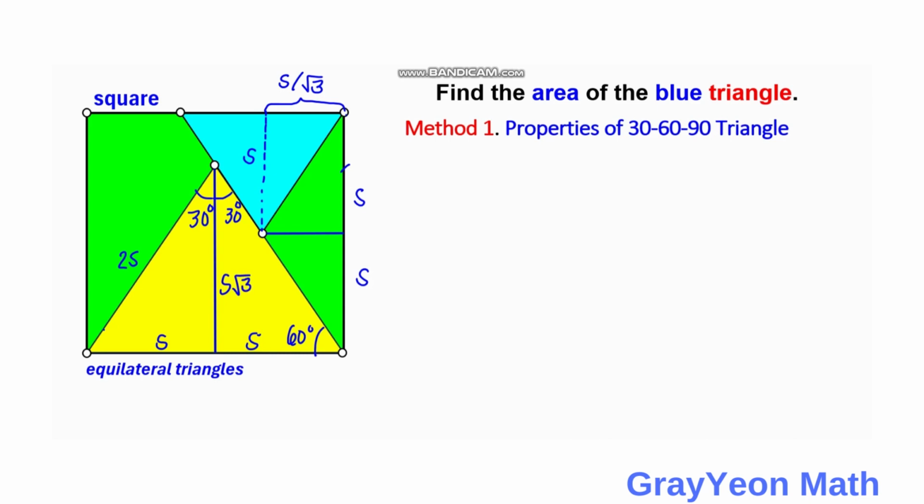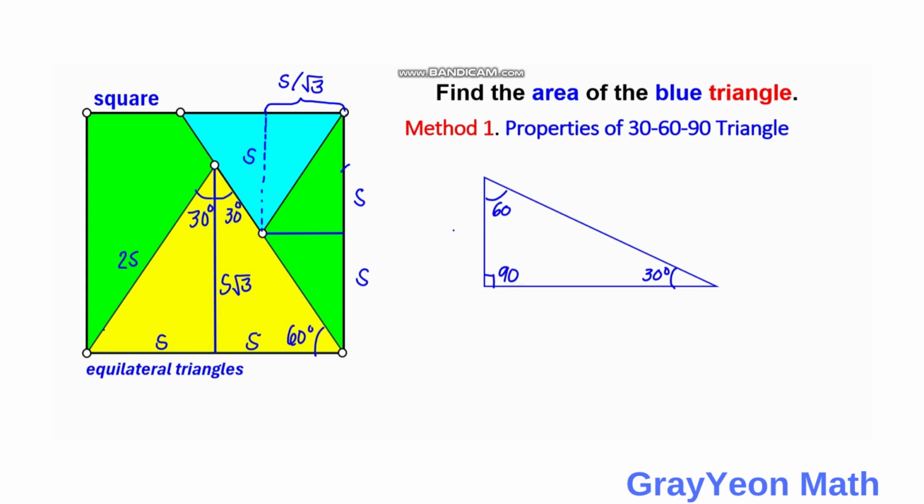In a 30, 60, 90 triangle, if we recall, this is 30, this is 60, and this is 90.